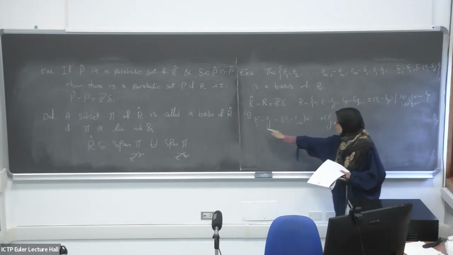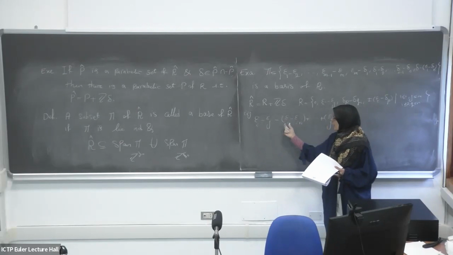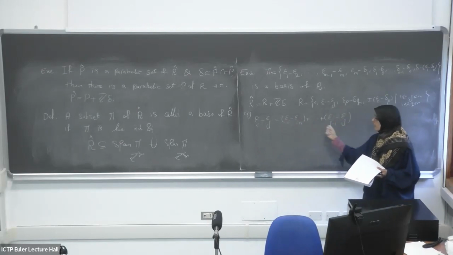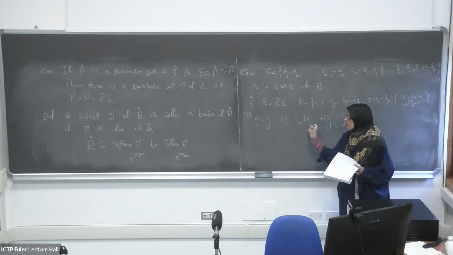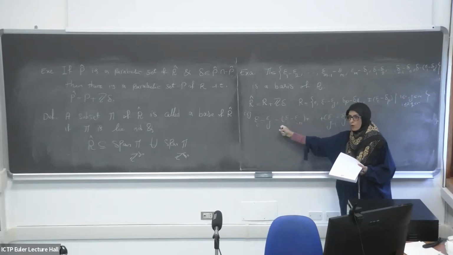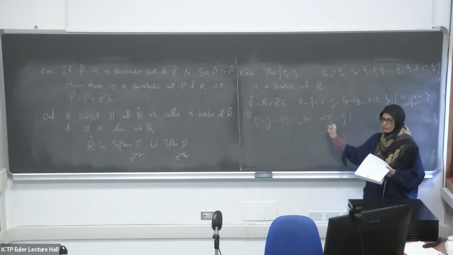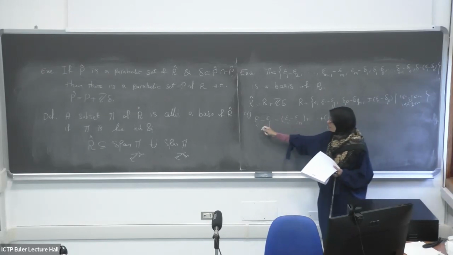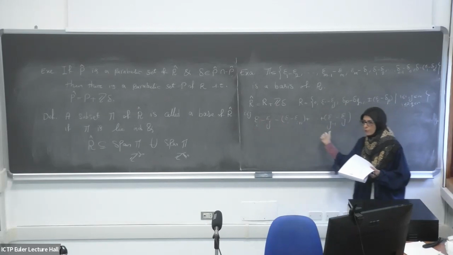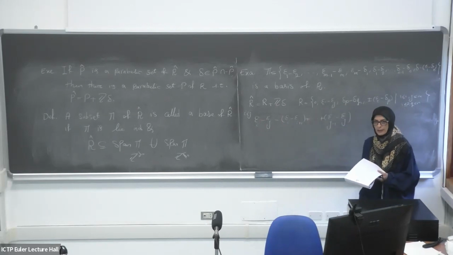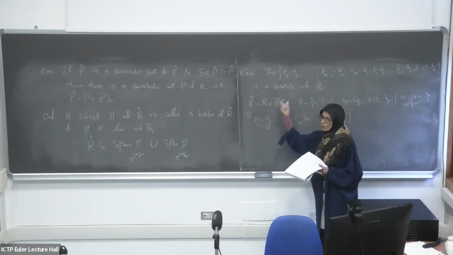You write epsilon i minus epsilon j as a linear combination of elements of this pi, and all coefficients that are not 0 are positive, right? And epsilon j minus epsilon i is the opposite, so all the coefficients are negative. And it happens for all of the elements.